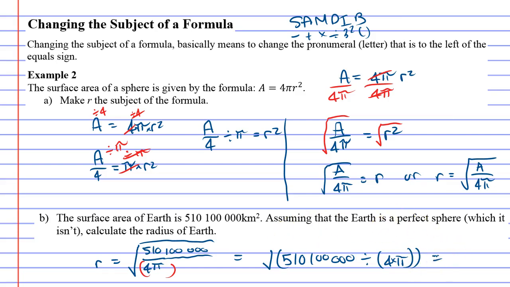If you don't do it this way, you're going to get the wrong answer. So, square root, bracket, 510,100,000, divide bracket, 4 times pi, close bracket, bracket again, and I'll just do it to the nearest kilometre, 6,371 kilometres, and I'll put an approximately equal to sign there.